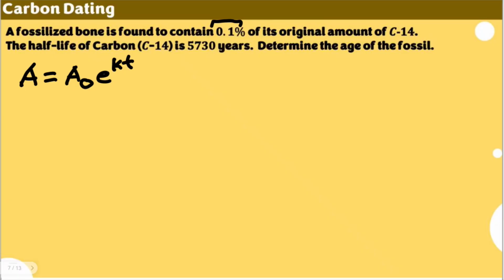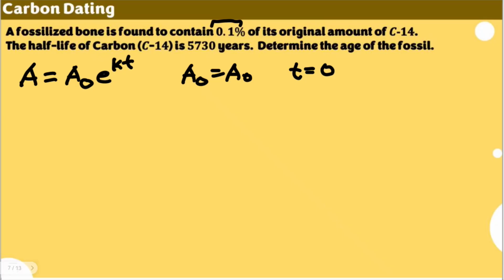Of course, we don't know the initial amount, so let's leave it as it is at t equal to 0, because the initial amount is itself when t is equal to 0.